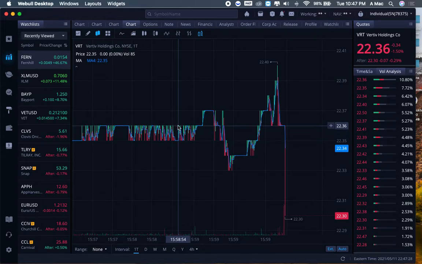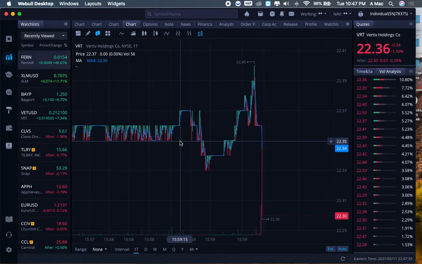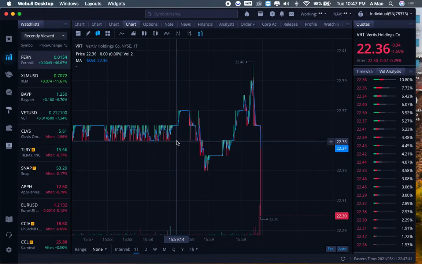So you know that this is a significant number, resisting at 22.36. This is a significant number, resisting at 22.35. Now you can see at this time it decided to break that resistance and go up higher.